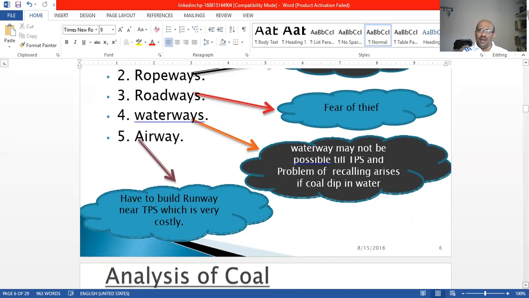waterways. Already the coal has moisture content. By removing that moisture, we are facing a lot of problems. Okay, that 40%, how are we going to remove it? So that is one of the big problems in burning coal. So another one, roadways. Okay, roadways, we can prefer it, but we should not encourage road thieves.